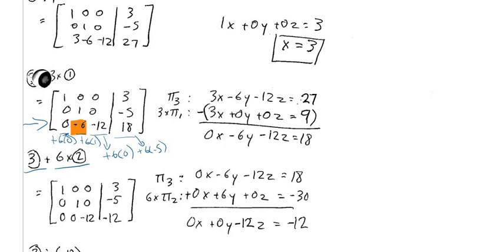So we're going to add those numbers in. 0 plus 6 times 0 becomes 0. Negative 6 plus 6 times 1 cancels out, becomes 0. Negative 12 plus 6 times 0 is negative 12. And then 18 plus 6 times negative 5 is 18 minus 30, which is negative 12.